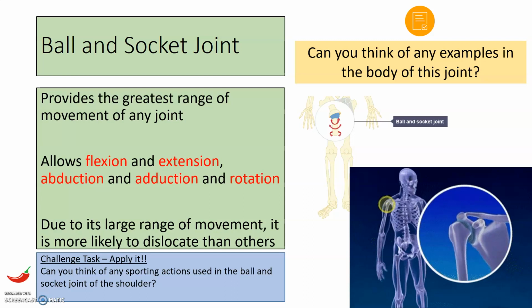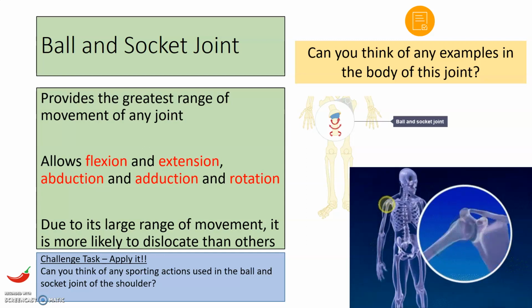And then if we think of the shoulder joint and we're moving our arm out away from our body, that's abduction. Moving it back towards our body, that's adduction. And then rotation: if we put our arms straight down by our side and rotate our thumbs in towards our hips, that's an example of rotation.